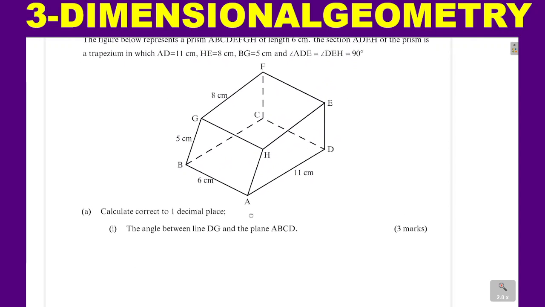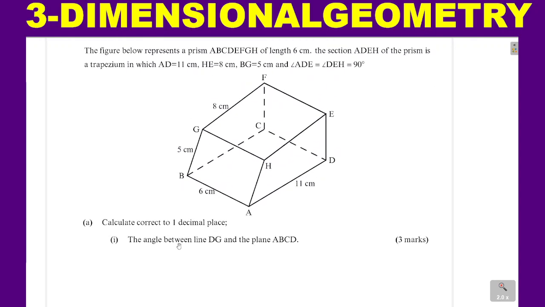Let's go to the first part, where you're supposed to calculate the angle between line DG and the plane ABCD. You notice the plane ABCD is the base. So the first thing you do is identify that line and draw line DG. So line DG is there. We need the angle between that line and the base, ABCD.